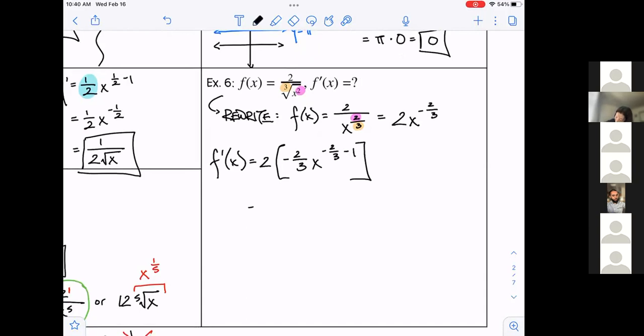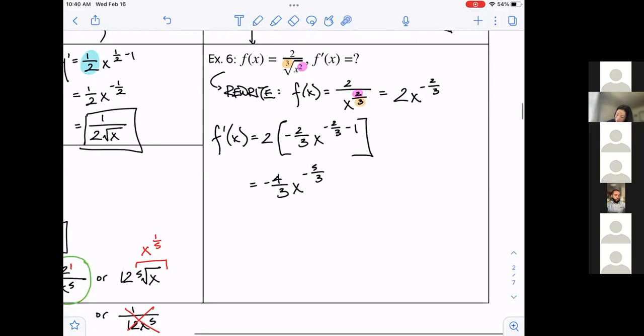Okay. What do I get when I combine these coefficients here? Negative 4/3. Perfect. Negative 4/3 x to the negative 5/3, right? So here's a little bit of that fraction piece, right? We want to make sure we know how to add and subtract fractions. We get x to the negative 5/3.